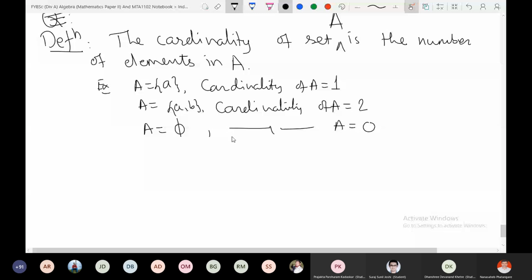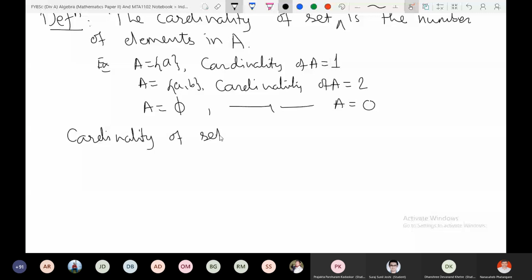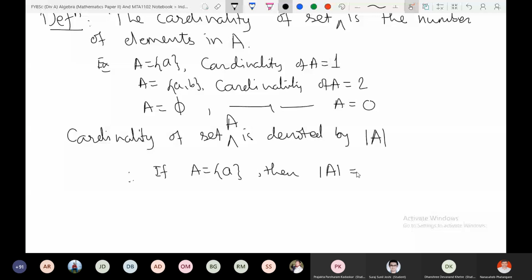The cardinality of a set is denoted by a special symbol. The cardinality of set A is denoted by this notation. Therefore, if A is a singleton set, meaning a single element set, then the number of elements in A is 1.